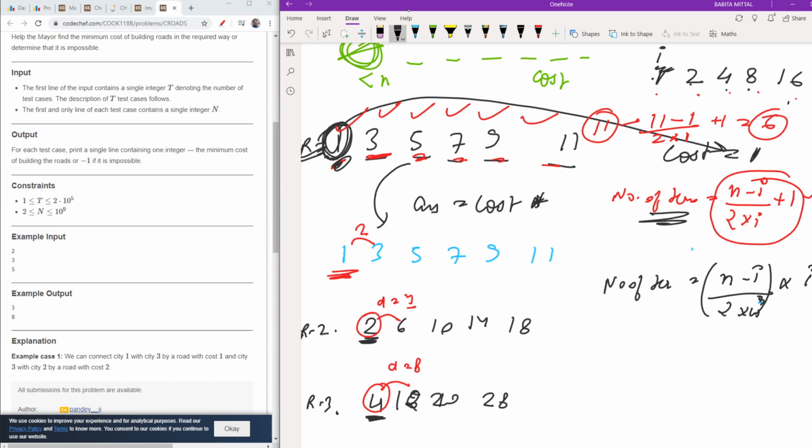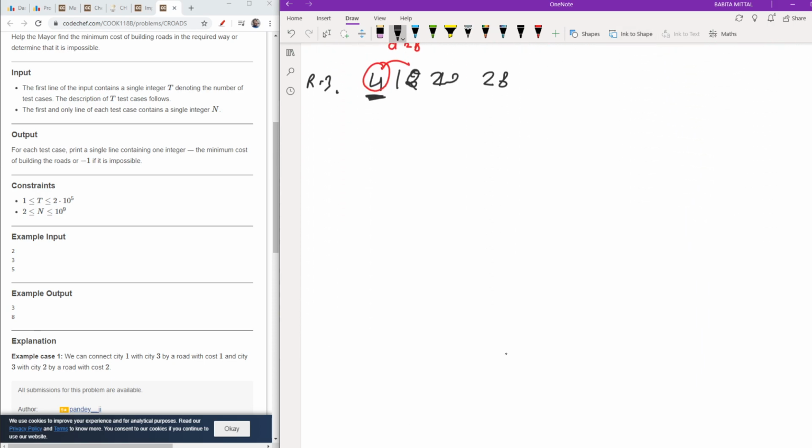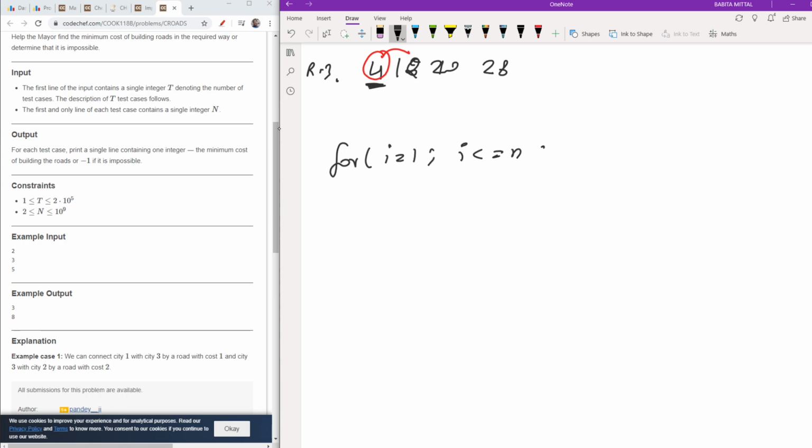Now okay, I have these ranges, so I will run a loop. What I will basically do is run a loop for i equals 1, i less than or equal to n, i equals i left shift 1, which will increase. It will move, so first i equals 1, then 2, then 4, then 8, then 16.